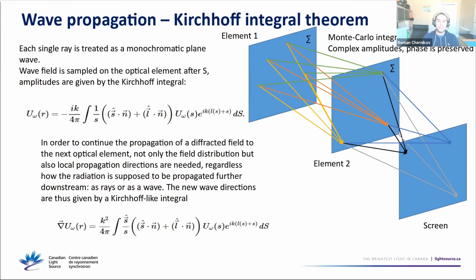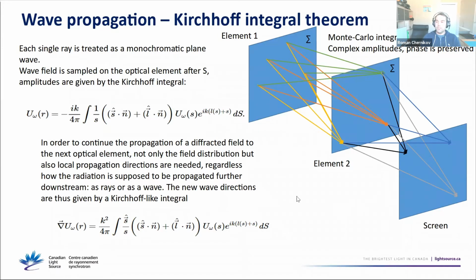Many people are using SRW, and it's becoming more and more popular as synchrotrons switch to lower emittance, and they start seeing all these effects of the coherency and so on. So we use the most general diffraction formula for the wave propagation, the Kirchhoff integral theorem.